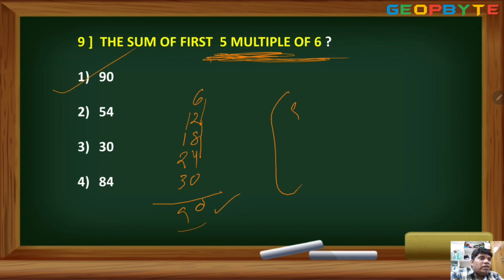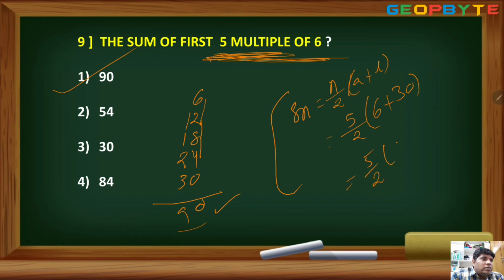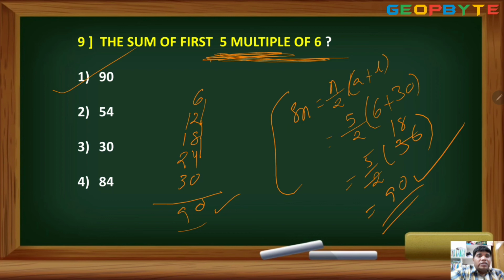In case you remember the logic, then apply n by 2 into a plus l. N means number of terms, 5 by 2. First one is 6. Fifth multiple means 6 into 5, that is 30. 5 by 2 into 36. The 2 and 18 cancel, 5 18s are 90. Some children, if you remember, then apply. In case you don't know, not a problem, calculate directly and you get the answer.